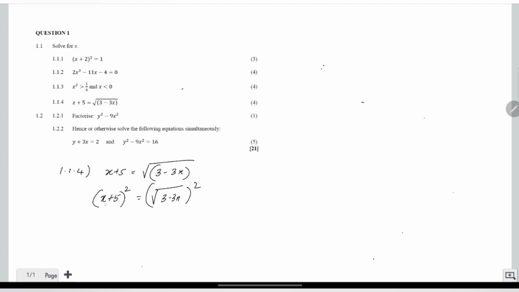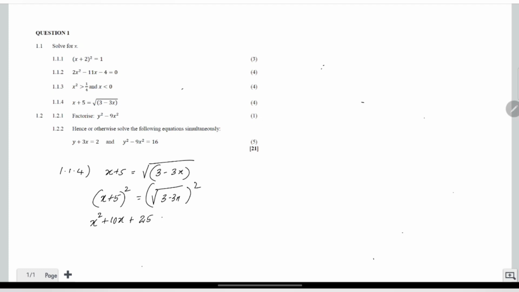Okay, so it is going to be x square plus 2 times 5 times x, which is 10x, plus 25. 5 square is 25. Okay, I just expanded the bracket, squaring a binomial. I used the straight method. We can go by FOIL method, where you have to write x plus 5 times x plus 5. Is it clear? So that's how you can open the bracket.